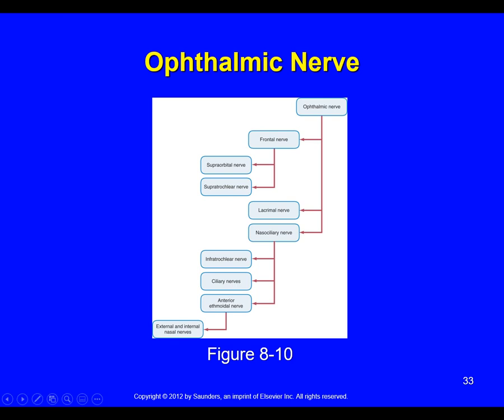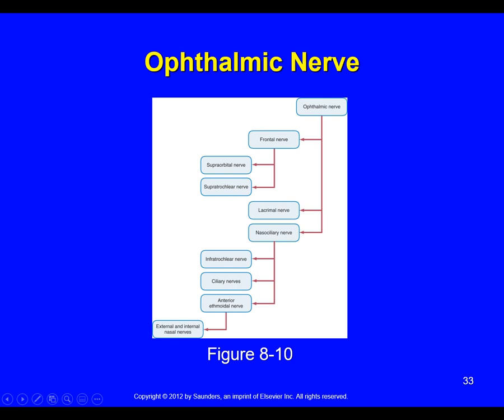And we have the ophthalmic having three main branches. The frontal nerve, which is further broken down into the supraorbital and supratrochlear nerves. Then we've got the lacrimal nerve, and we've got the nasociliary nerve, further broken down into the infratrochlear, the ciliary nerves, and the anterior ethmoidal nerve, and the external and internal nasal nerves.